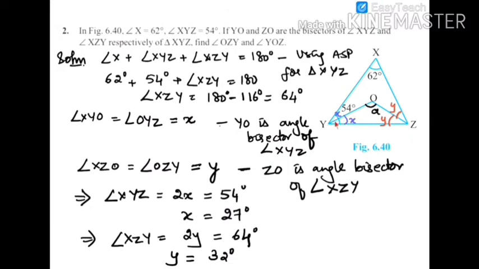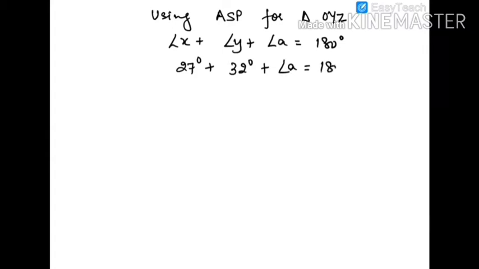Now we have angle x and angle y. So we can find out angle A using angle sum property for triangle OYZ. Angle x plus angle y plus angle A is equal to 180 degrees. But angle x is 27, angle y is 32, angle A we need to find.